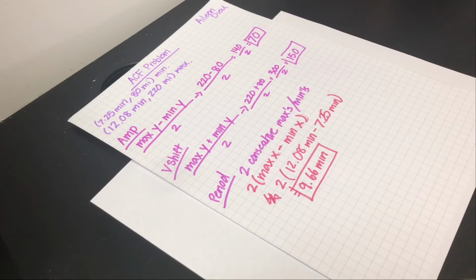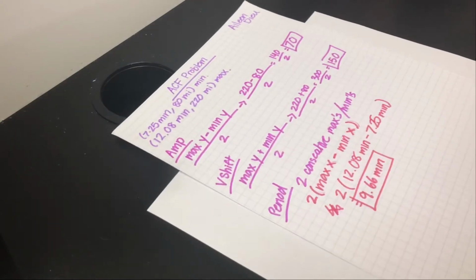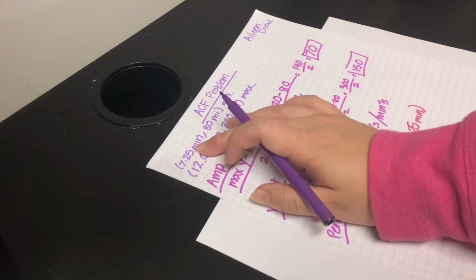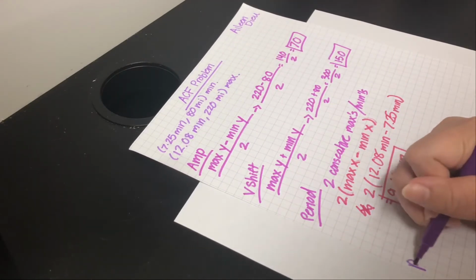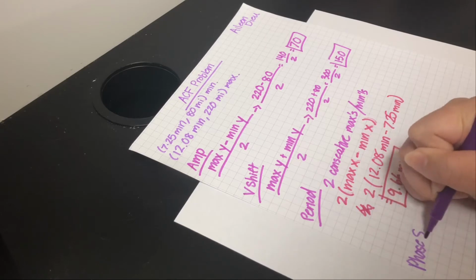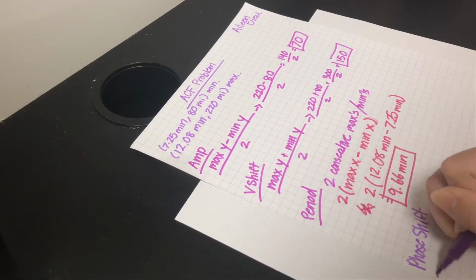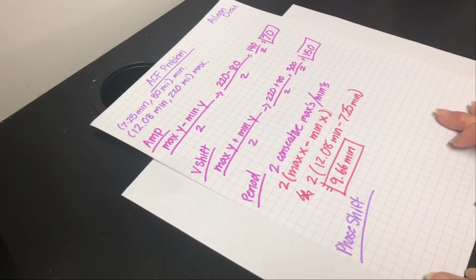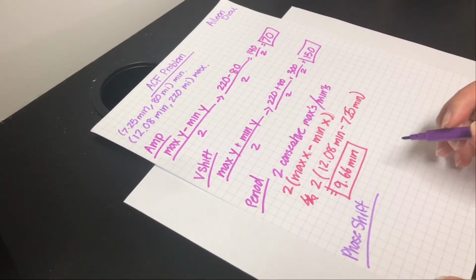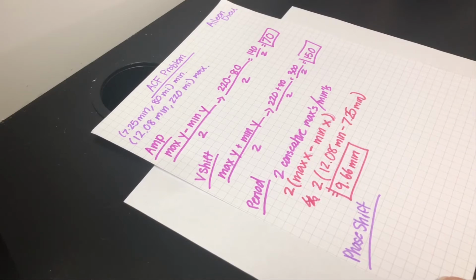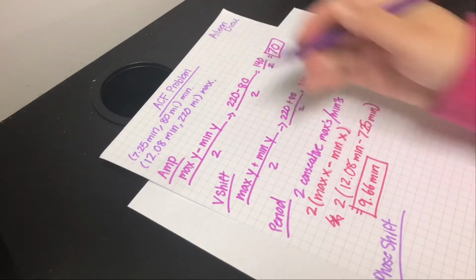And then for the next one, for the phase shift, we can use the minimum minutes, 7.25, and then keep subtracting the difference between the maximum and the minimum.